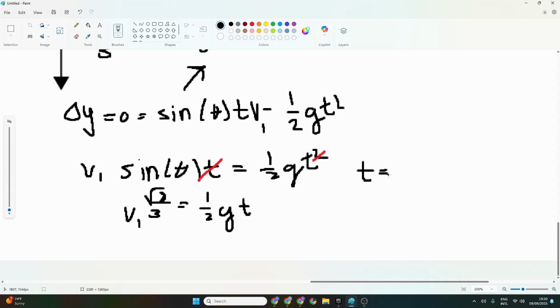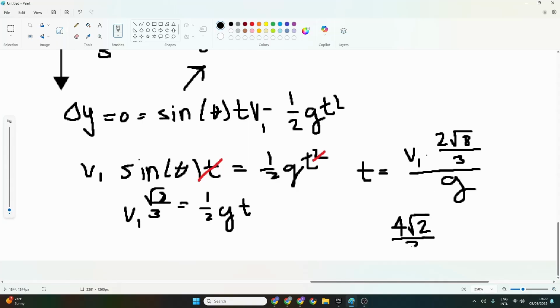t is equal to v1 times 2 times radical 8 over 3 all over g. And if we want to simplify this, it becomes 4 radical 2 over 3 times v1 over g. And that's our time.